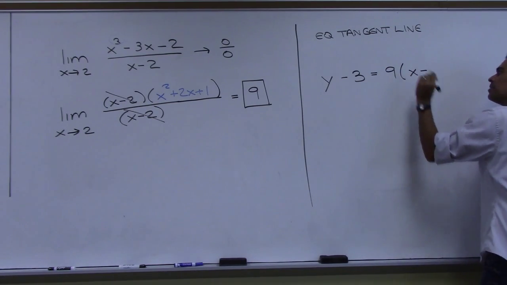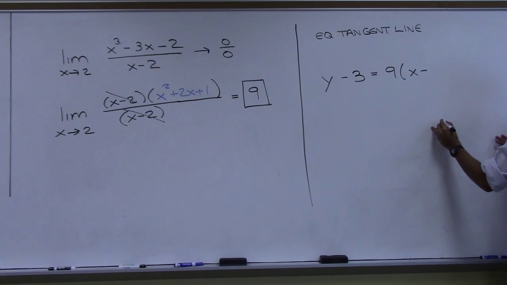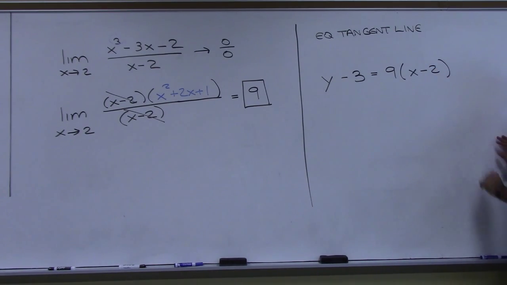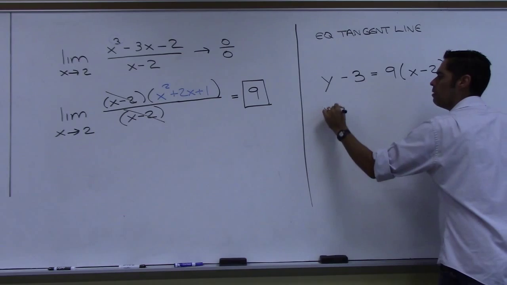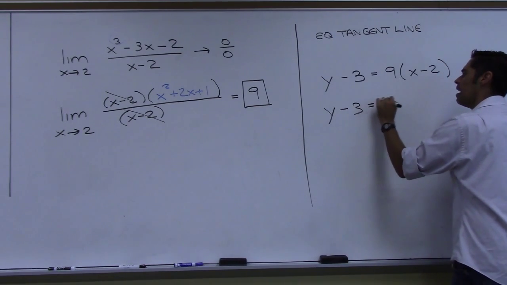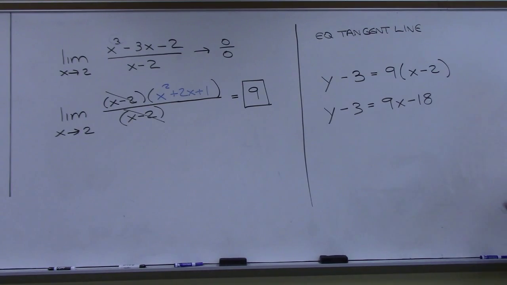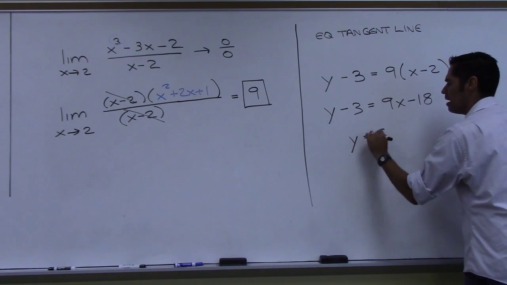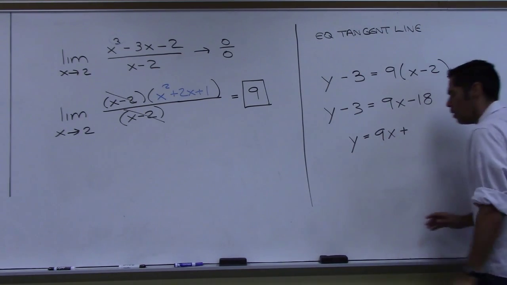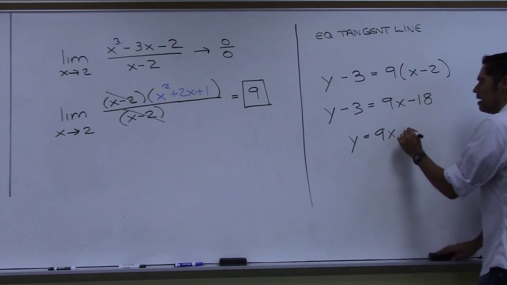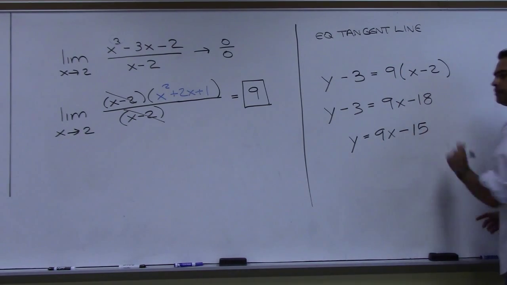Then x minus a, which was 2. y minus 3 equals 9x minus 18. Add 3 to both sides: y equals 9x minus 15.